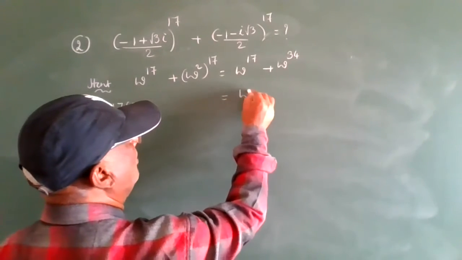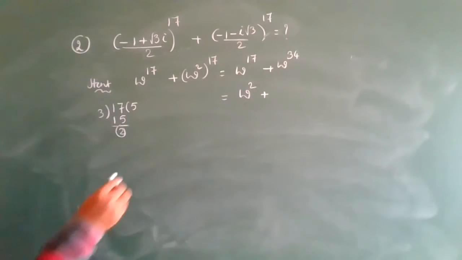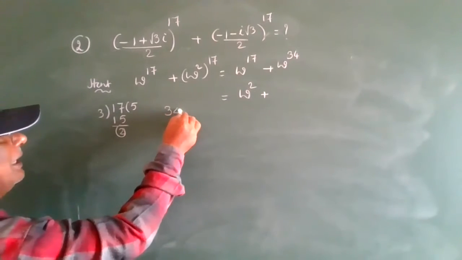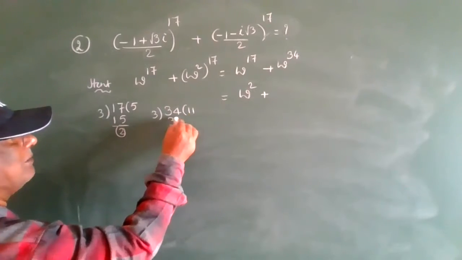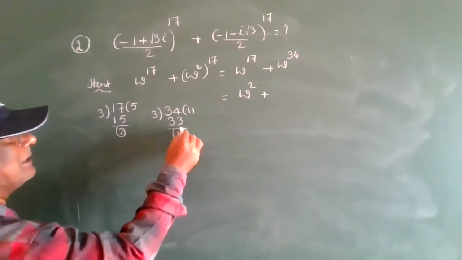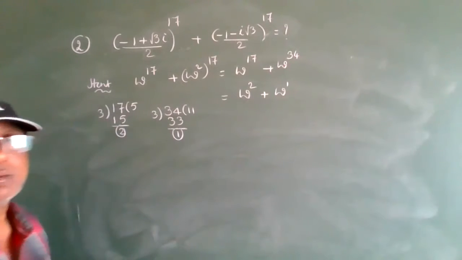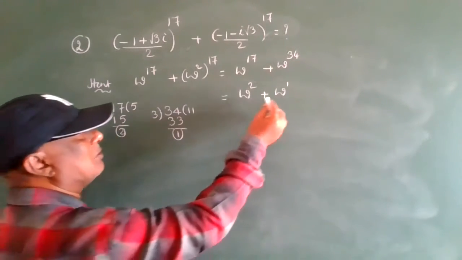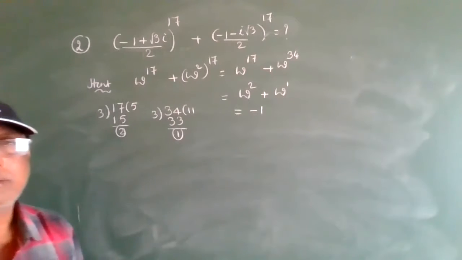Therefore, we can write omega square. Remainder only write down. Remember, 34 divided by 3. 3 11 times is 33. Remainder is 1. So write down omega to the power of 1. Omega square plus omega value is minus 1. Answer is completed. Okay?